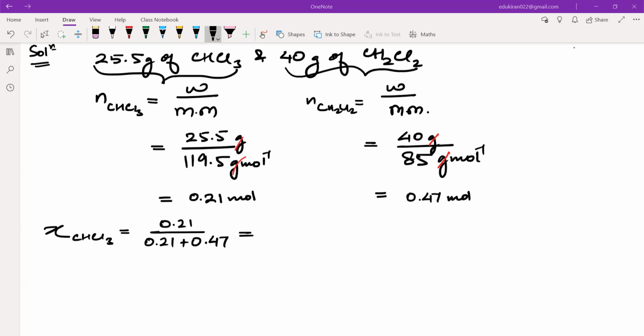The mole fraction is coming out to be 0.308. Okay. So the mole fraction of CH2Cl2 will be equal to how much? 1 minus 0.308. Right. So what will be the answer here?